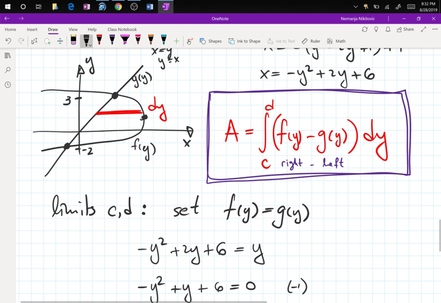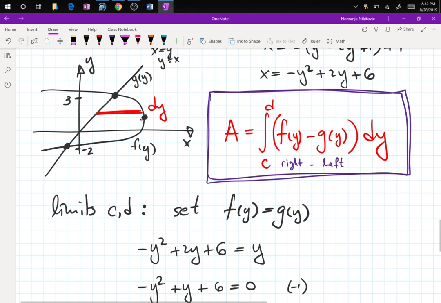Those are your values because we are looking, right, where this object is the fattest. It's the fattest between this line here and this line here. Those are your bottom and top, which are your C and D, which is why it's negative 2 and positive 3 on the y-axis.